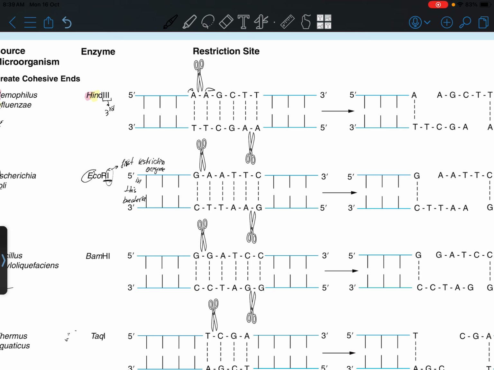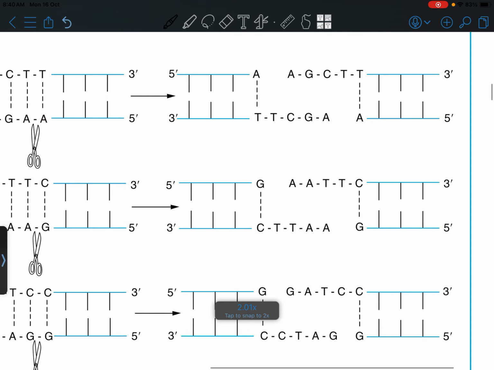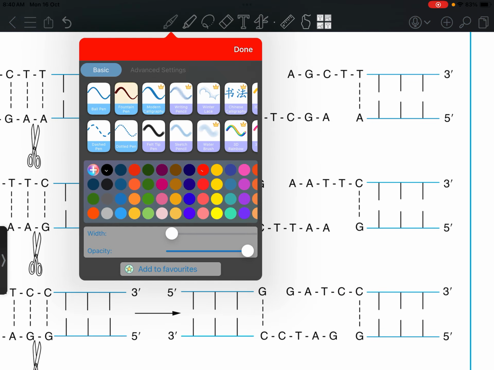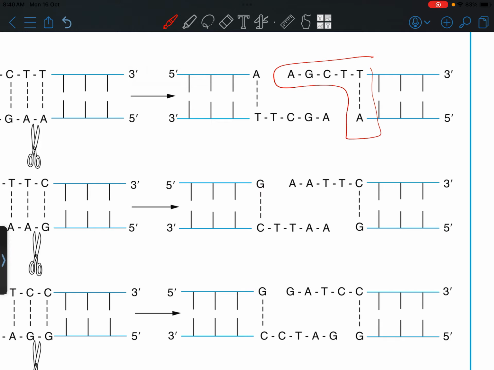But notice, here we have what? You have to understand that this end is a sticky end or cohesive end. Okay?